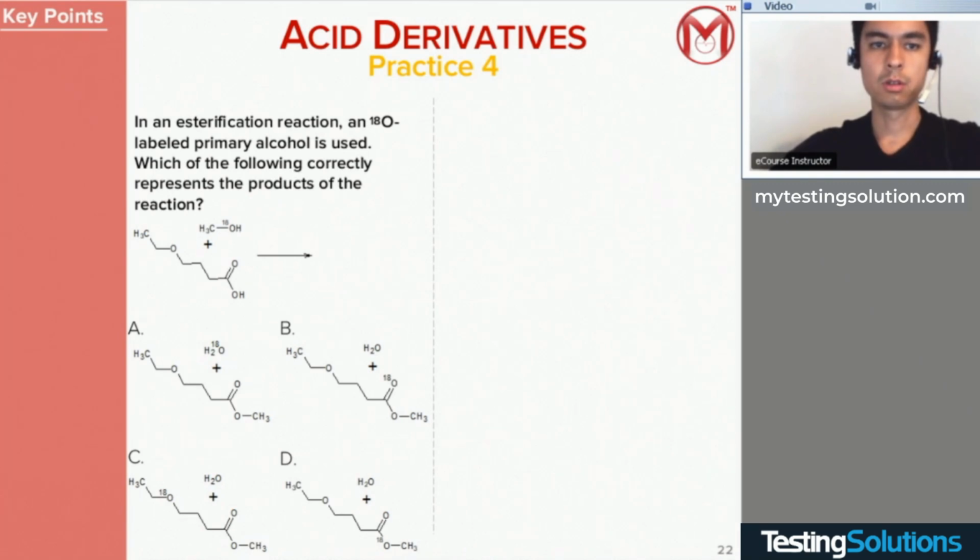Who's the nucleophile? It's the methanol. It comes in, it attacks the electrophilic carbonyl, surprise, surprise, and the leaving group comes off. So if we think much more closely now about what happens here, when the methanol attacks, I'm going to get the 18O labeled oxygen with the methyl group.